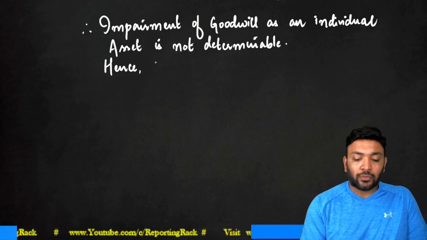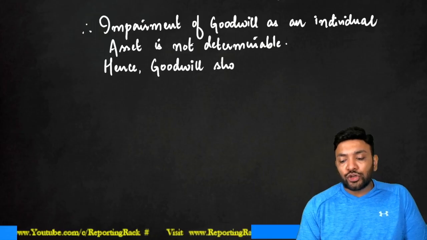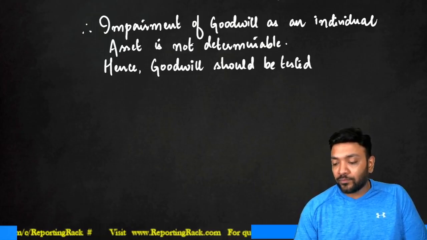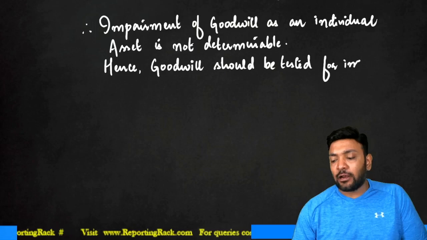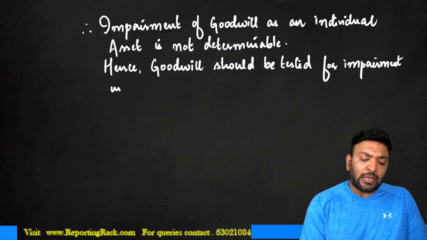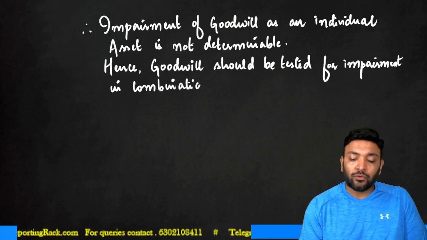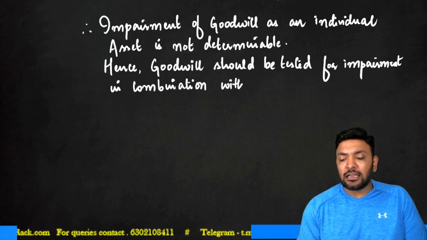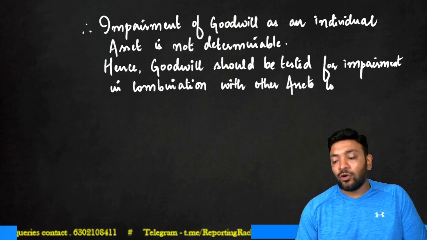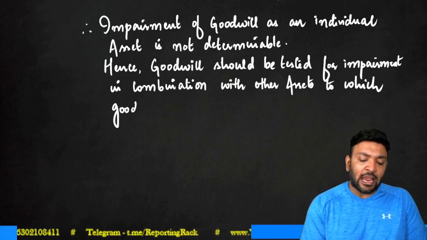Hence, goodwill should be tested for impairment in combination with other assets to which goodwill can be allocated.